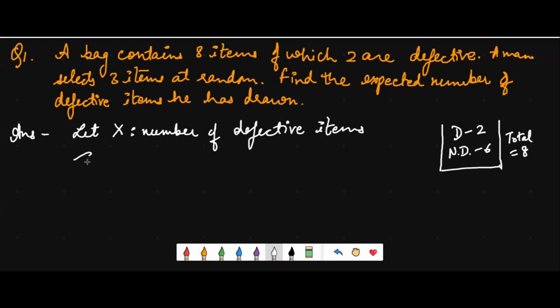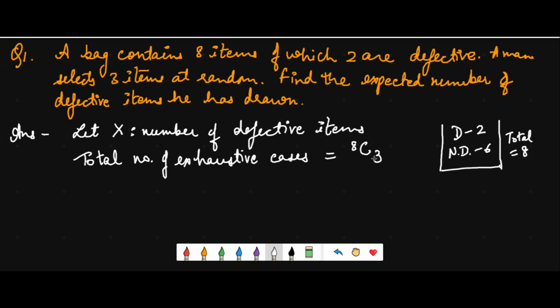So the total number of exhaustive cases would be equal to 8C3, right? And when we are talking about the defective articles, the probability is 2 upon 8, and the non-defective articles, its probability is 6 upon 8.